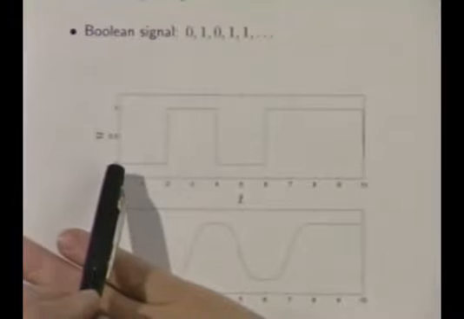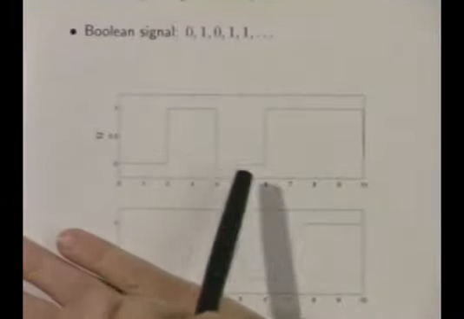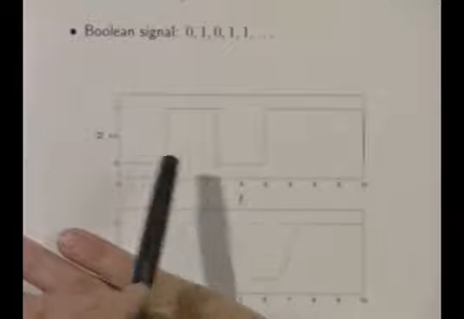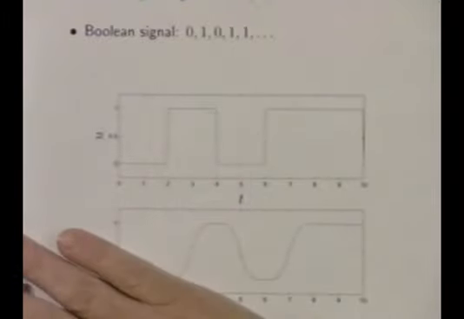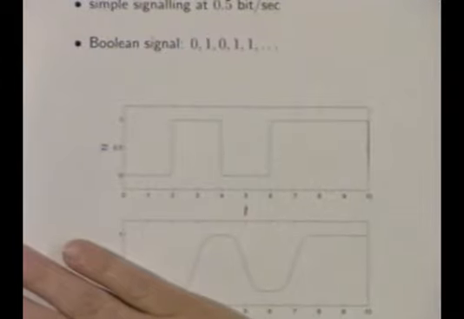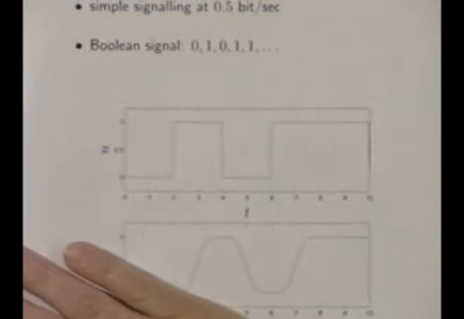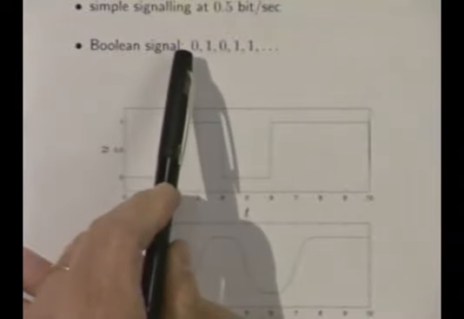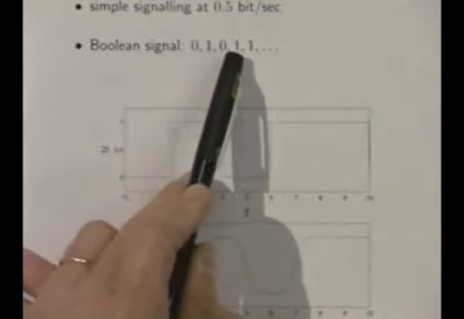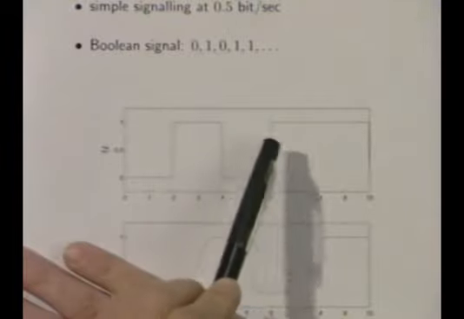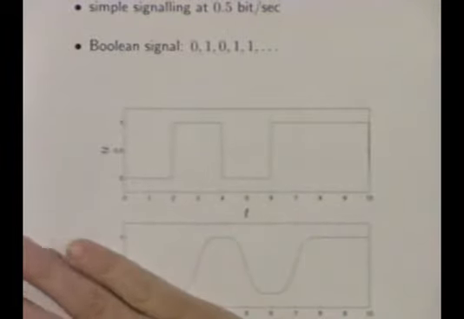It's a signal, and for each time slot of 2 time units, it's either 0 or 1, depending on the Boolean signal that you're transmitting, right? So this is exactly like a very, very simple modem signal, okay? So here I'm transmitting the Boolean sequence 0, 1, 0, 1, 1, and that's here. That's 0, 1, 0, 1, 1, okay? And I'm transmitting at 0.5 bits per time unit here, okay?